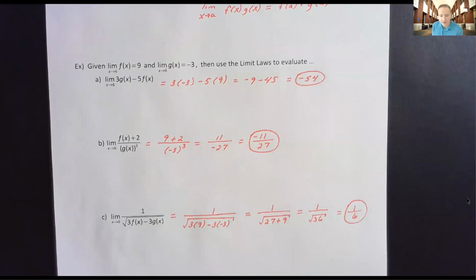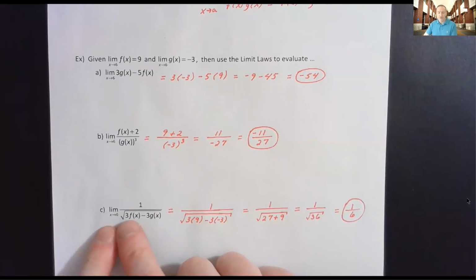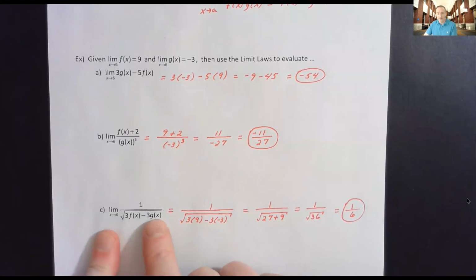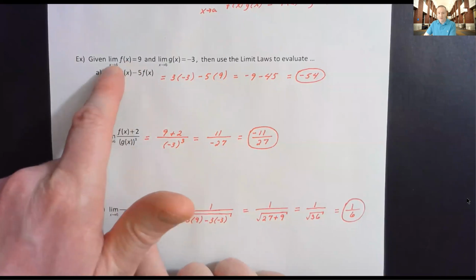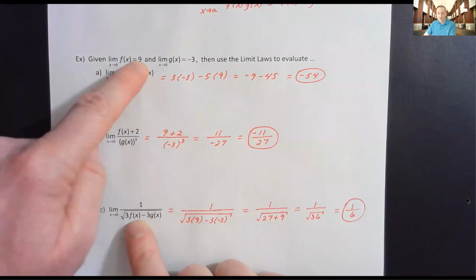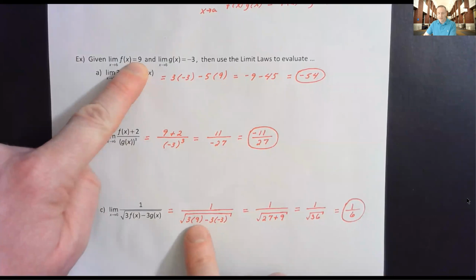For the last one here, I had the limit of 1 over the square root of 3f of x minus 3g of x. Again, you say, well, we already know that anytime f of x is inside of a limit as x approaches 6, it's going to be worth 9. So you see I replaced it with a 9 in the next step.